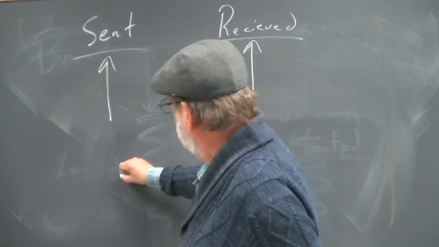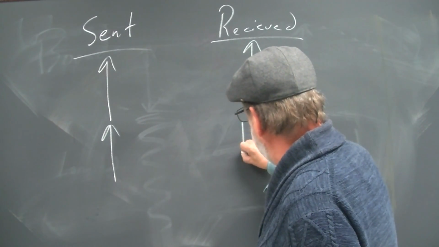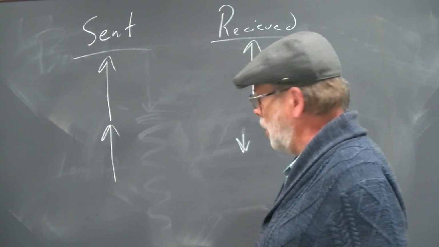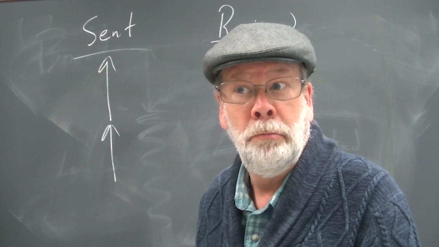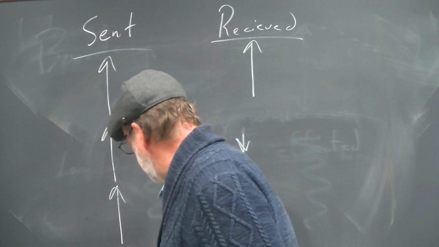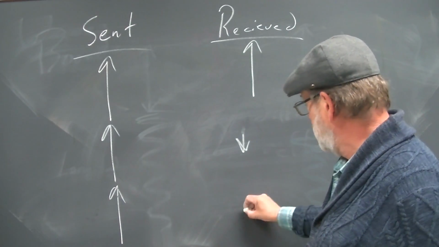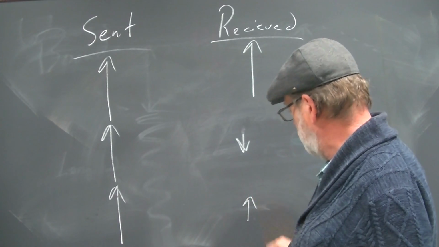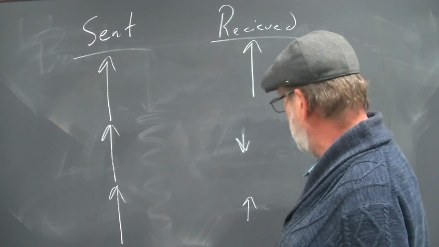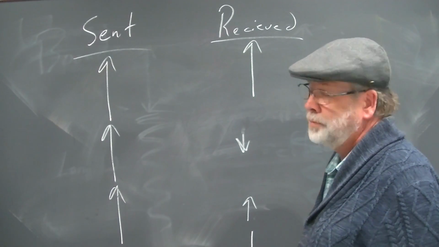Furthermore, if I send out a large upward pulse and get back a small inverted pulse, okay? Well, you can see there are two other possibilities here. I send out a large upward pulse, I get back a small upward pulse. I send out a large upward pulse, and I get a large inverted pulse.